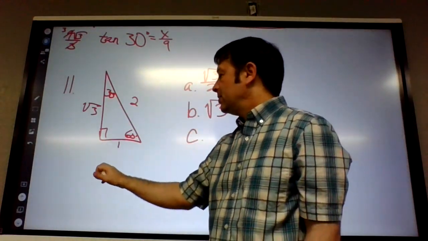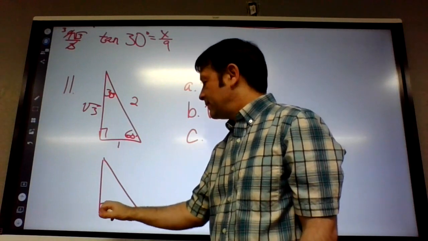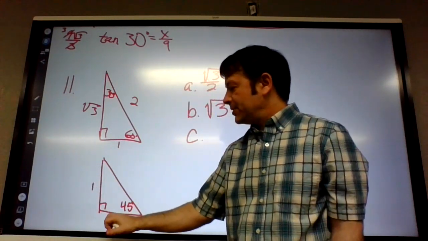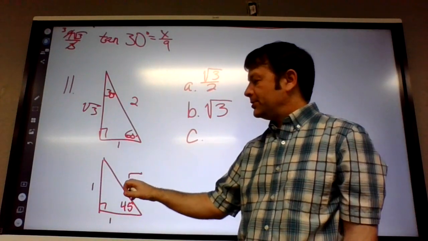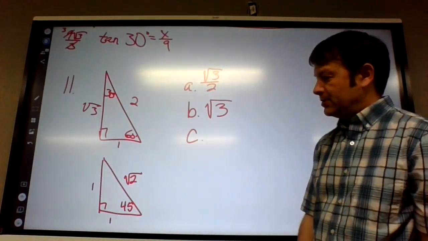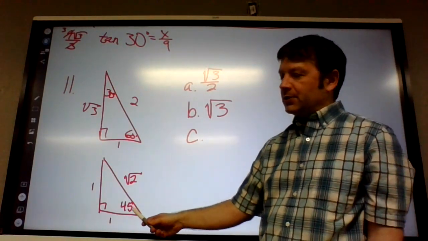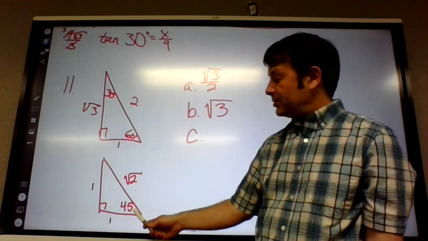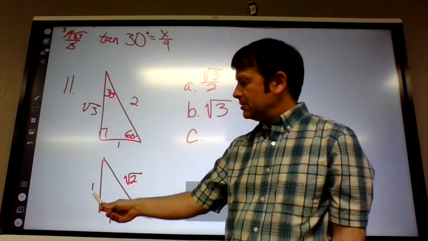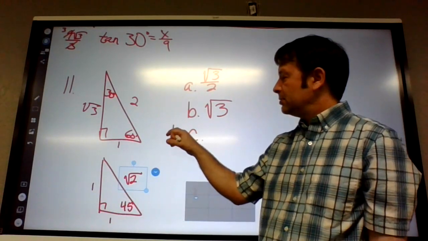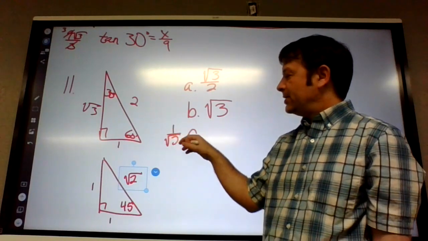Oh. Okay, you guys remember the 45, 45, 90? The legs are the same, so it's 1 to 1, and the hypotenuse is square root of 2 times bigger. So sine is opposite over hypotenuse. Your calculator can do these.